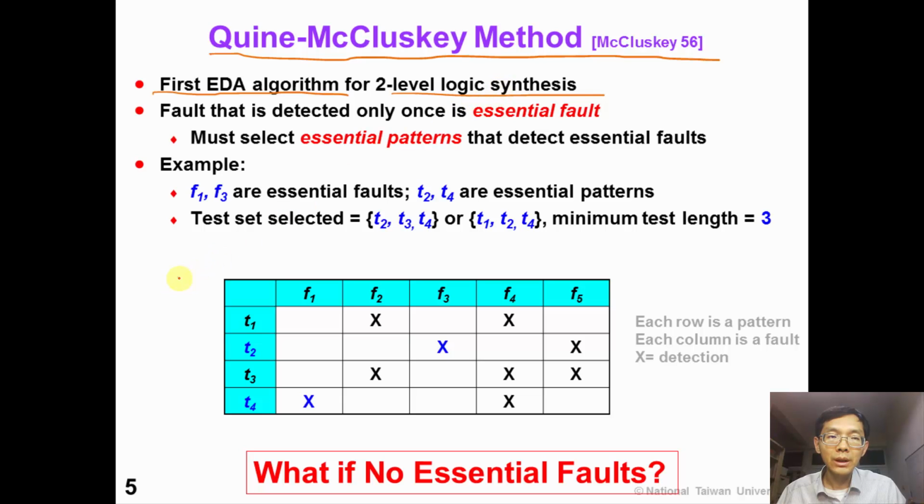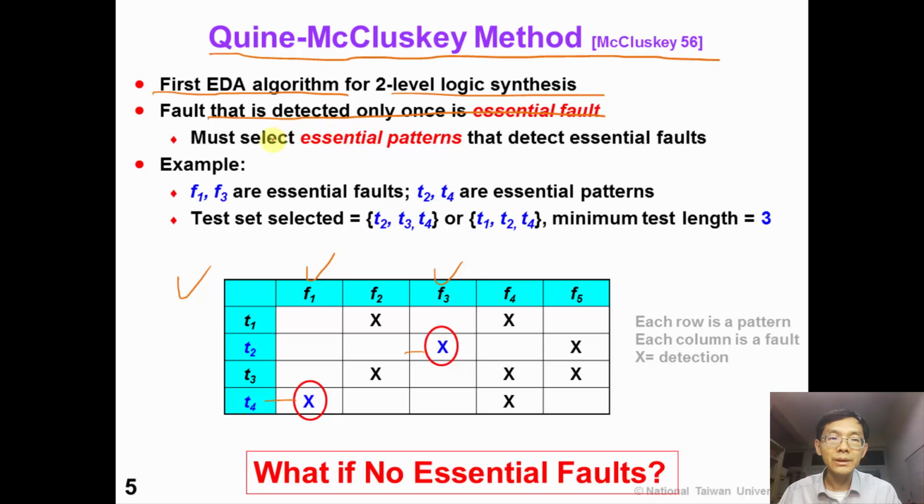Given this covering table, we can find that there are essential faults that are detected only once. For example, F1 is an essential fault because it is detected only by T4. Similarly, F3 is also an essential fault. It's detected only by T2.